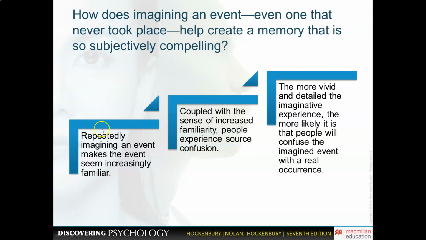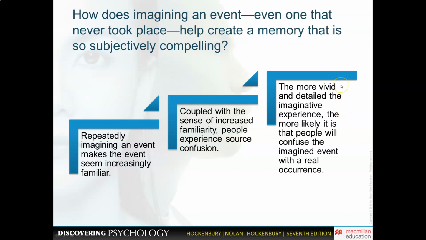So I put a little chart right here: repeatedly imagining an event makes an event seem increasingly familiar. Then the next step is, coupled with a sense of increased familiarity, people experience source confusion.